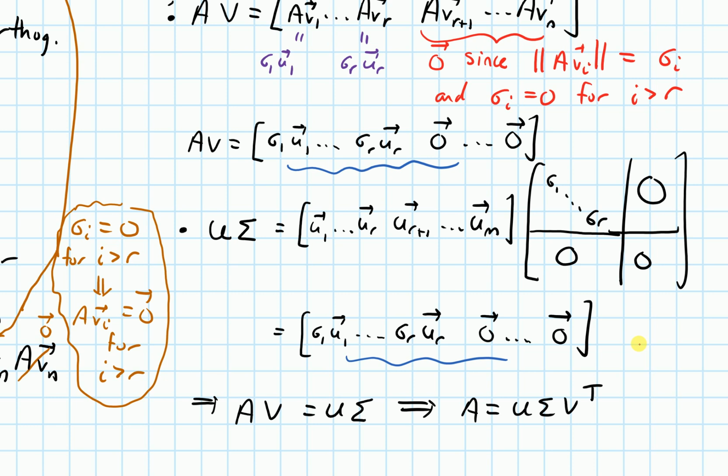That's because V times V transpose equals the identity, since V is an orthogonal matrix. And that is what we wanted to show. So we have proven this theorem.